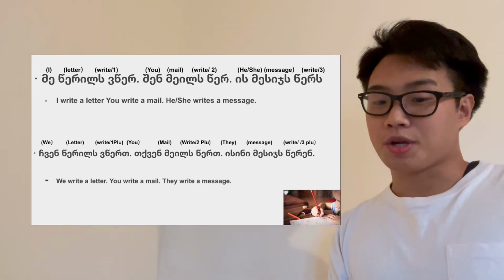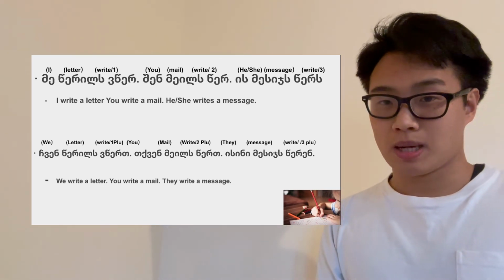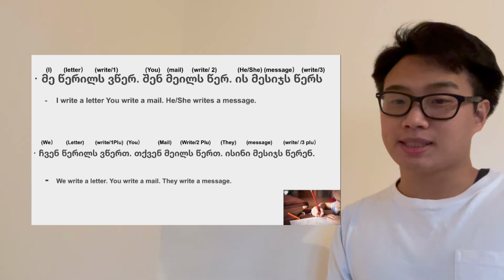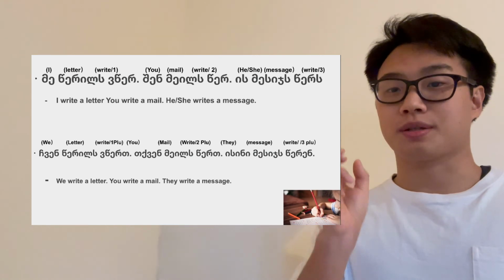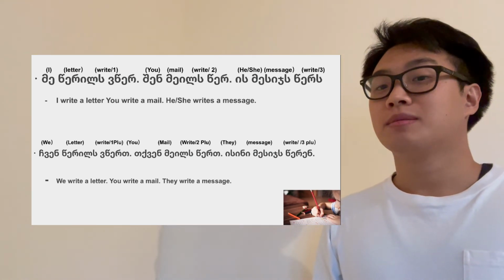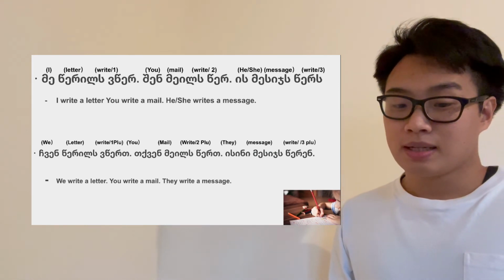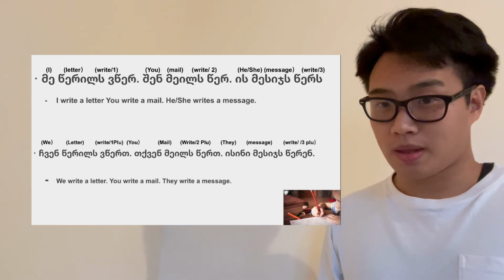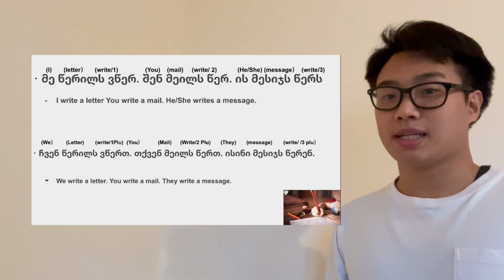Now let's take a look at the second example. The next example here goes მე წერილს ვწერ. წერილი, it means a letter, but the dative case will be წერილს ვწერ. I write a letter. შენ მეილს წერ.